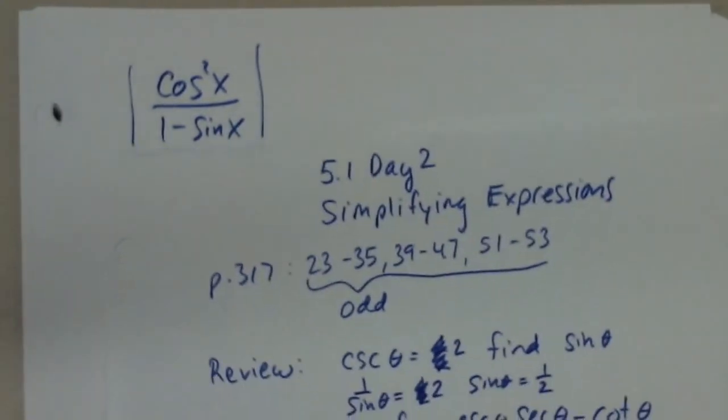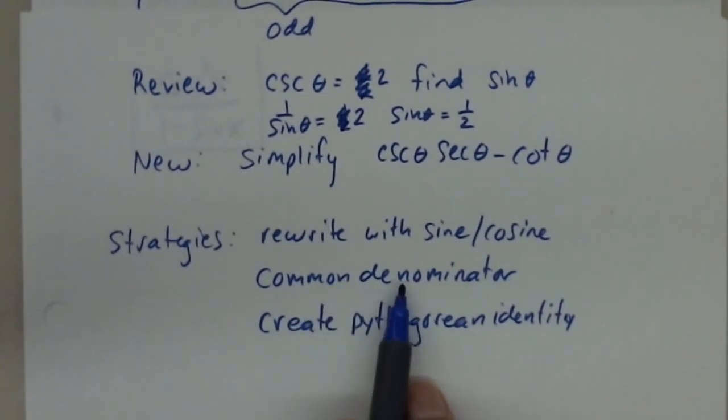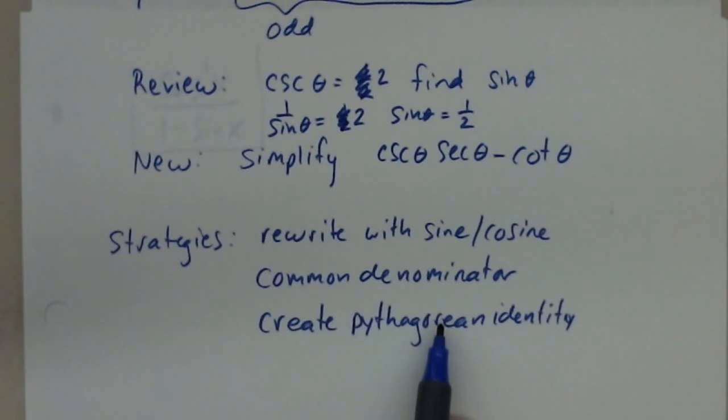And here is where we can use this strategy. We just got done using the common denominator, and in this next problem, we don't have two expressions added together. We don't need a common denominator, but we can create a Pythagorean identity.